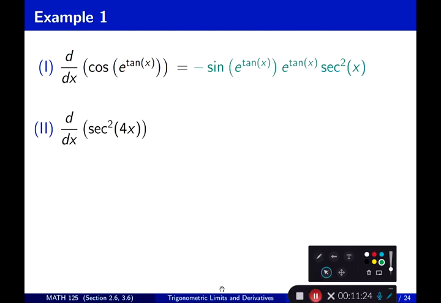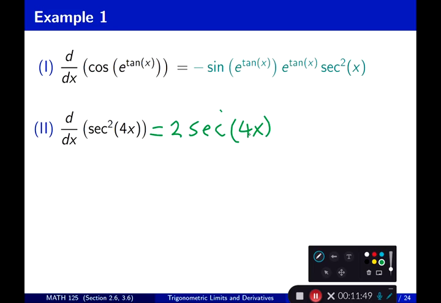What's the derivative of secant squared 4x? And there is a most outer layer. The most outer layer is the power. It's the generalized power rule. So peel that one down, it would be 2 secant to the power 2 minus 1 of 4x.